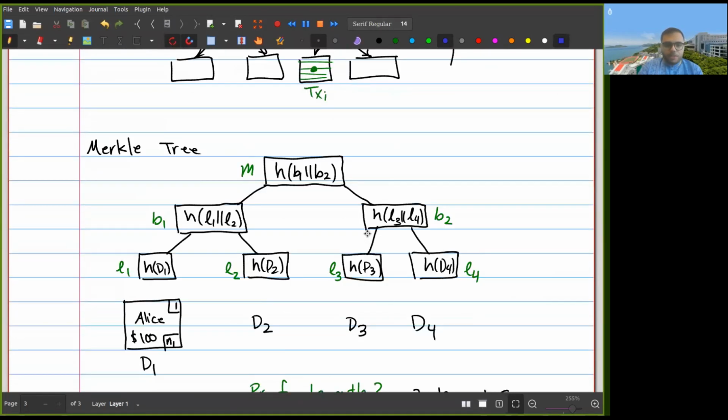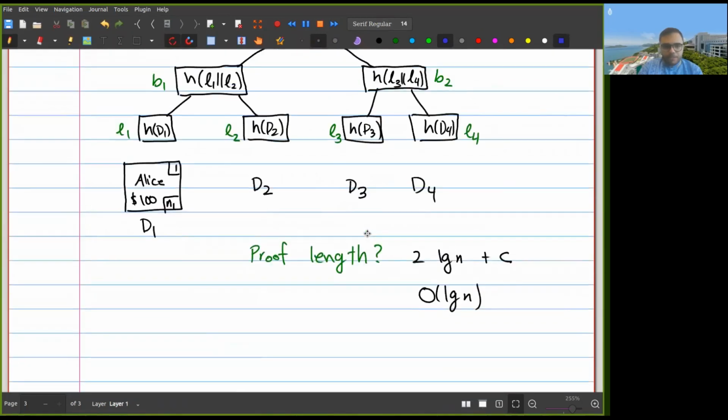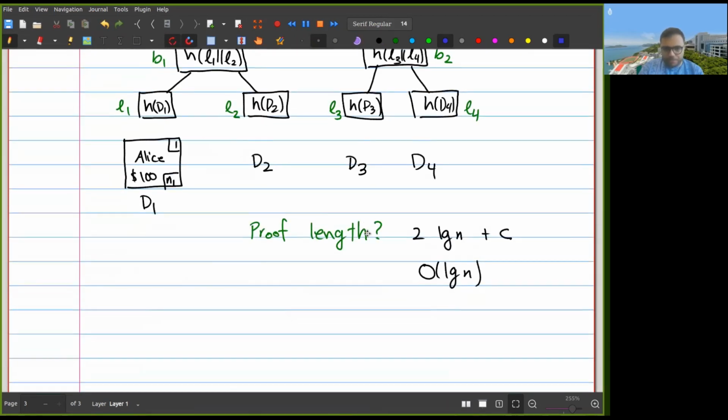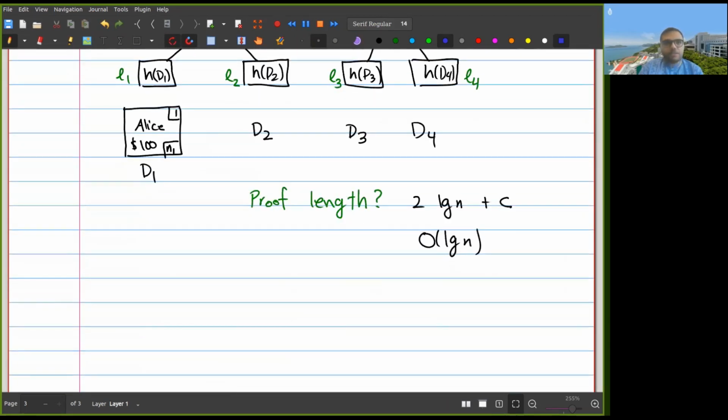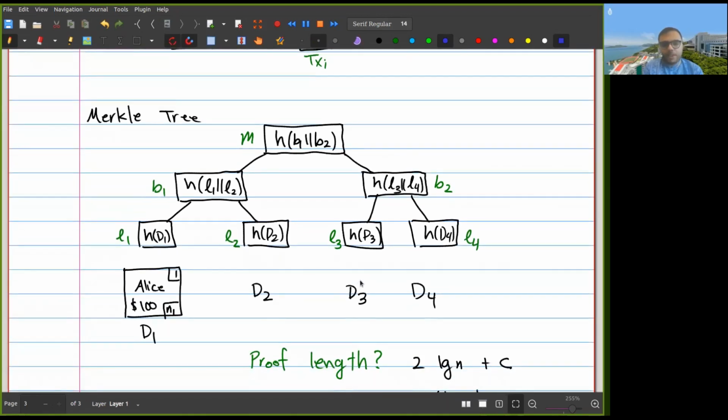But there is also another point that is interesting here, and not very much for this particular kind of application that we're talking about. But you can also use Merkle trees to show that a particular piece of data is not in your set.